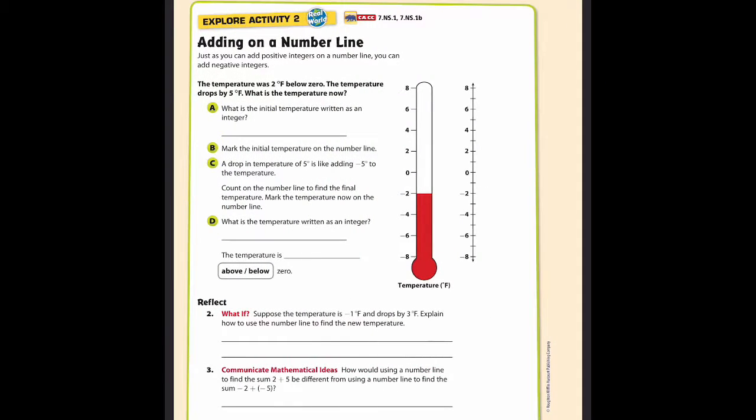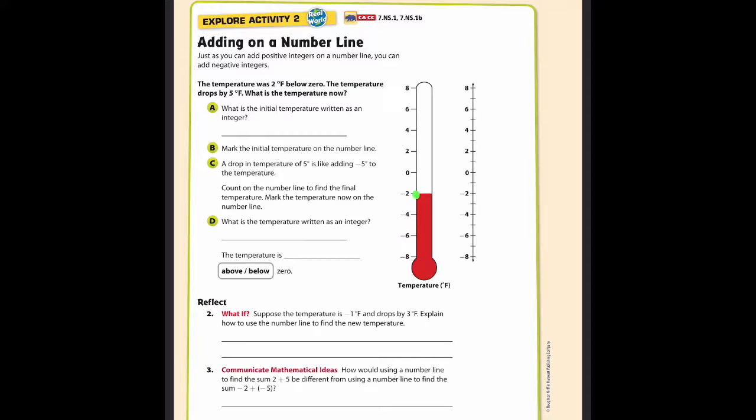We also worked a little bit on this page, and we were using the number line to find the answer to this question. And remember, we saw the temperature at -2 degrees Fahrenheit below 0. So here's 0, we have to be below. Then after that, the temperature dropped by 5 degrees Fahrenheit, and we needed to find the new temperature, right?